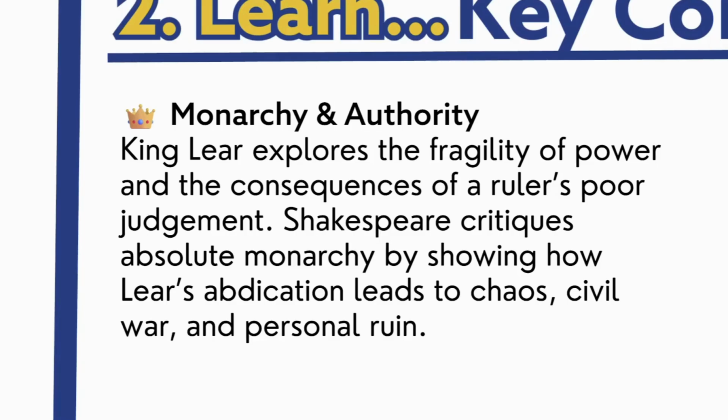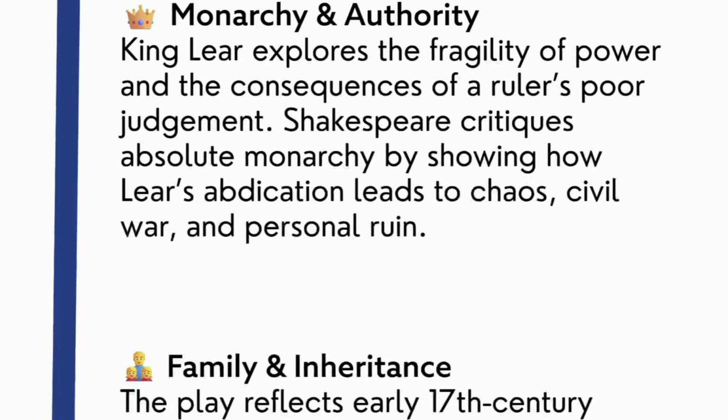So Shakespeare is critiquing absolute monarchy by showing how Lear's abdication leads to chaos, civil war and personal ruin. If the monarch is not up to the job and there are no checks and balances on them, then you can get into real political problems, such as civil wars and big issues that can tear the kingdom apart. So it's very important to understand that piece of context.